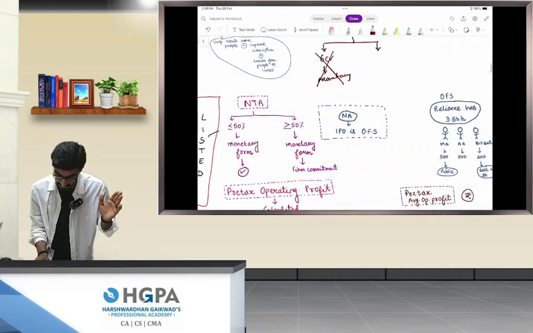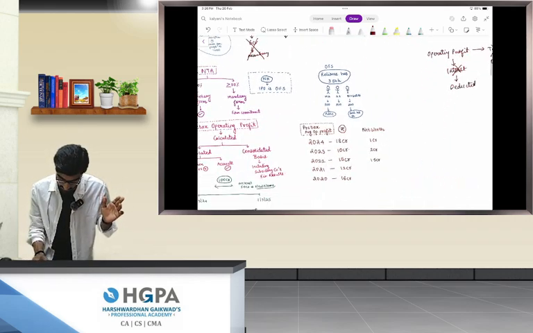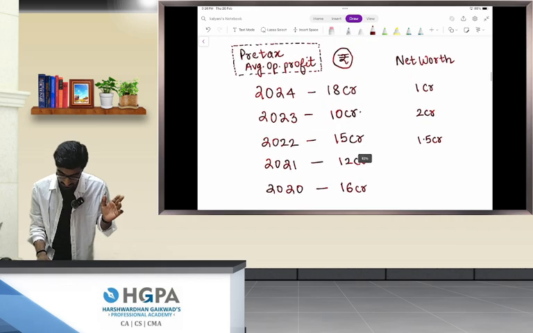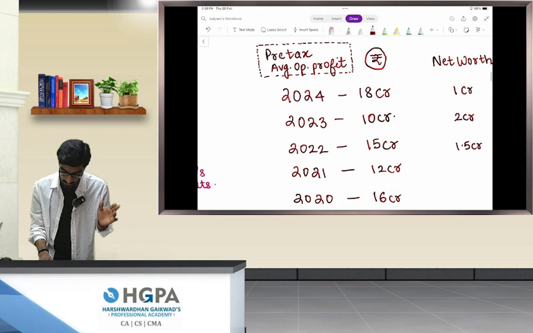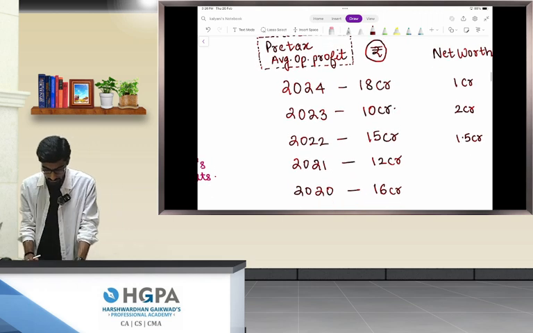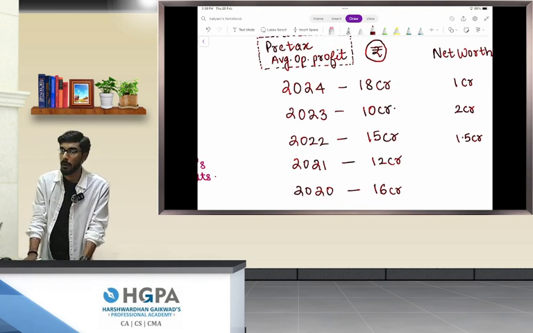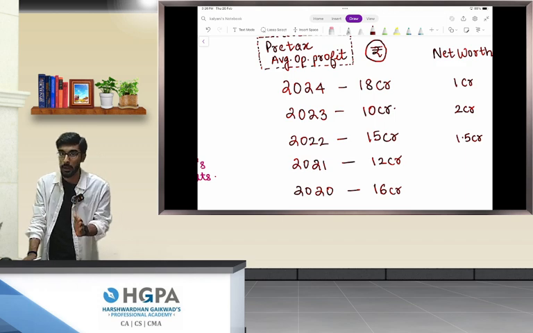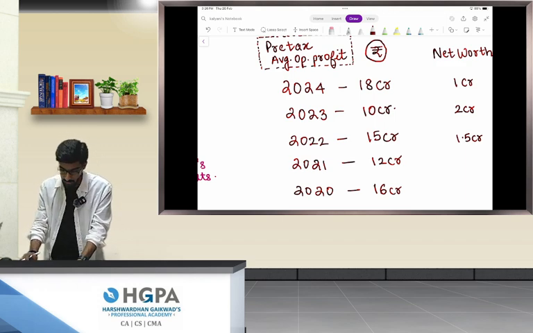Let's understand this with an example. Pre-tax average operating profit. Let's say in 2025 I want to go for an IPO.